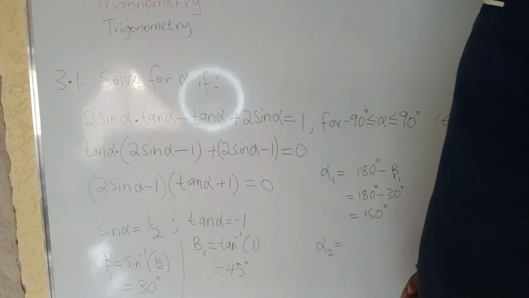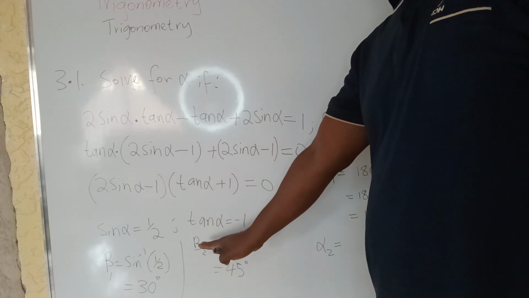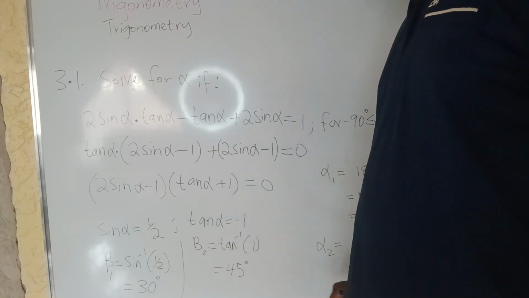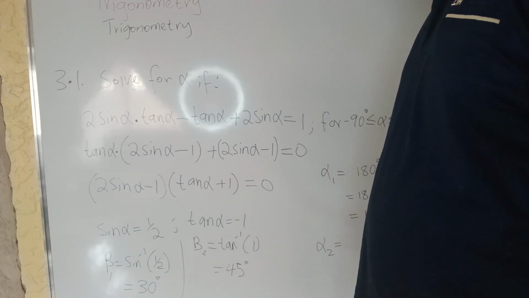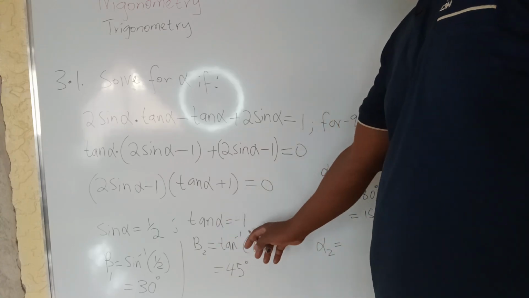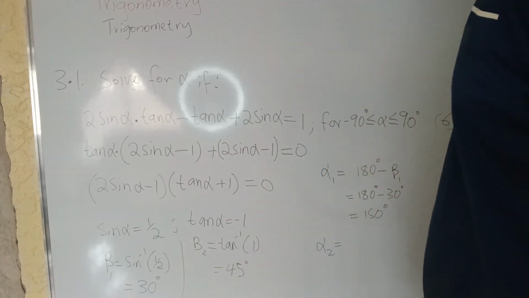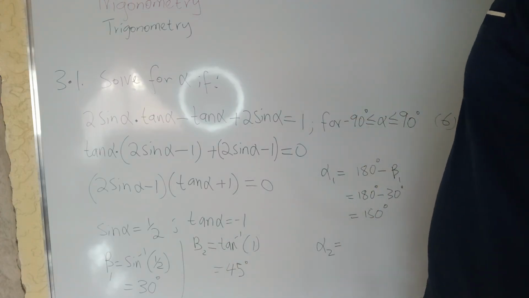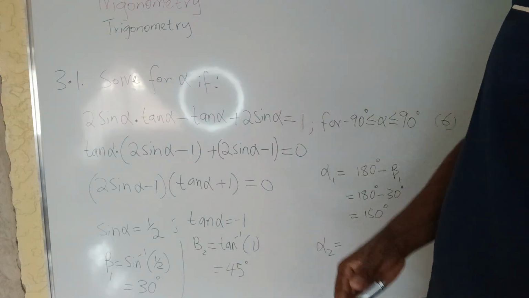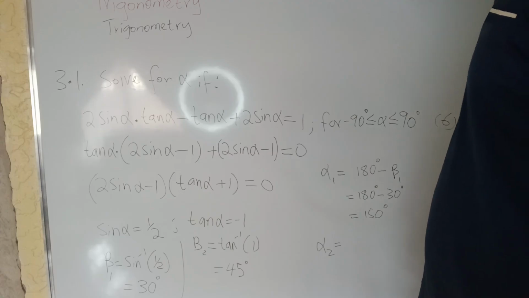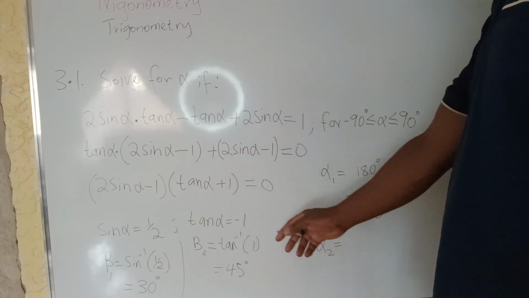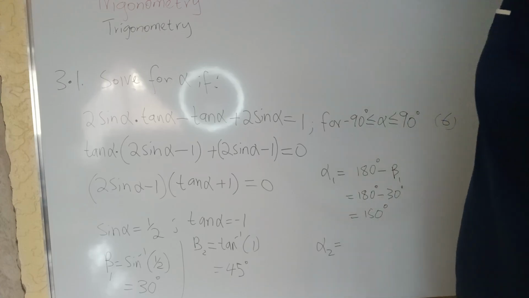You can see here, tan alpha is equal to minus 1. Look for the values of alpha where tan is negative. So within these two parameters here, between 90 and minus 90, in the third quadrant, the tan is positive, so it can only be negative in the second quadrant.